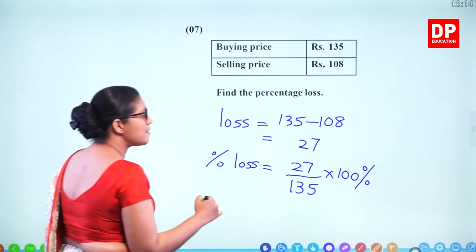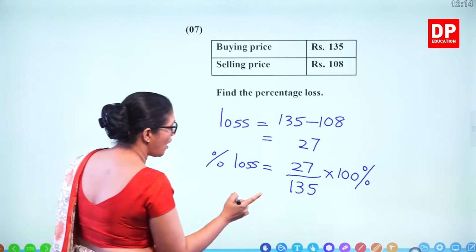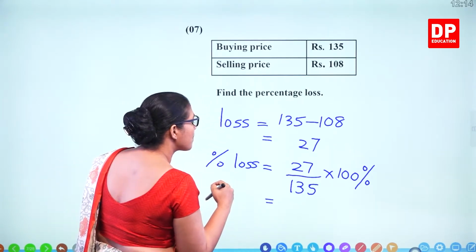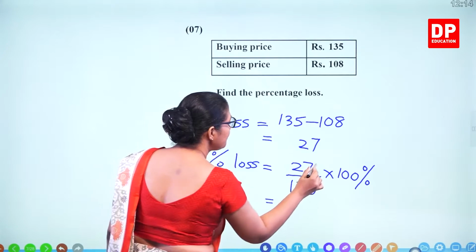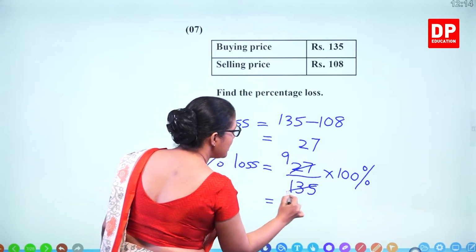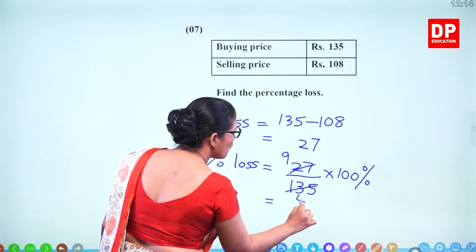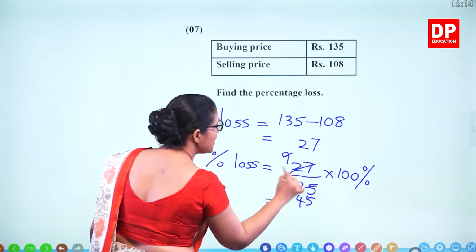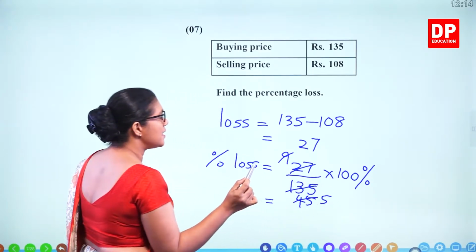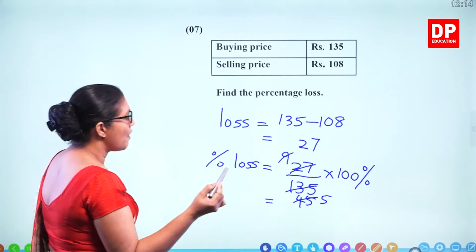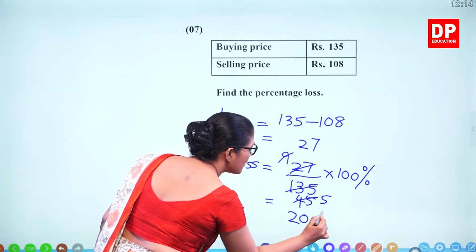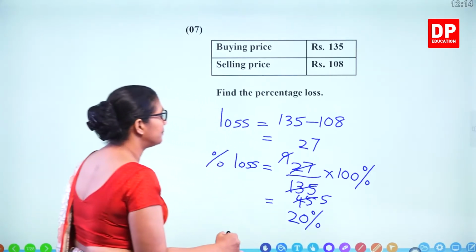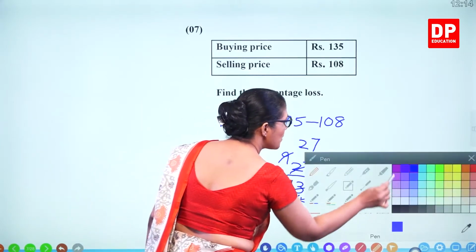Multiply by 100 means divide by 100. That's the percentage mark. The result is 20% loss. So 2 marks for this question as well.